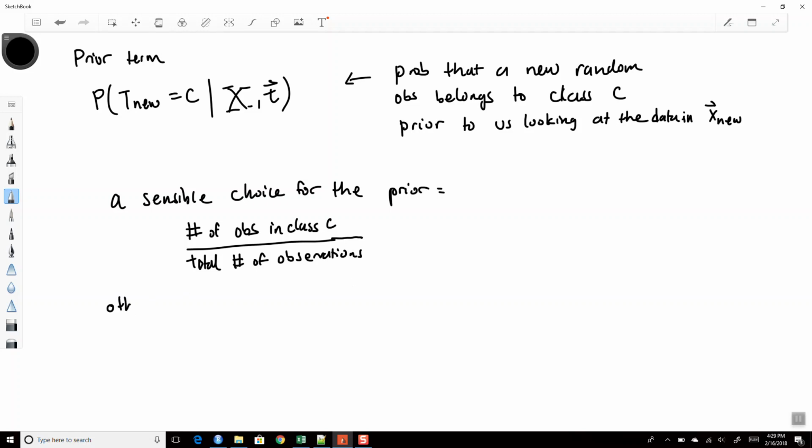Other options: maybe you didn't bother counting. You can just say, well, just do 1 over the number of classes, right? So if you have 5 classes, this is 1 over the number of classes. This would be the uninformative prior.